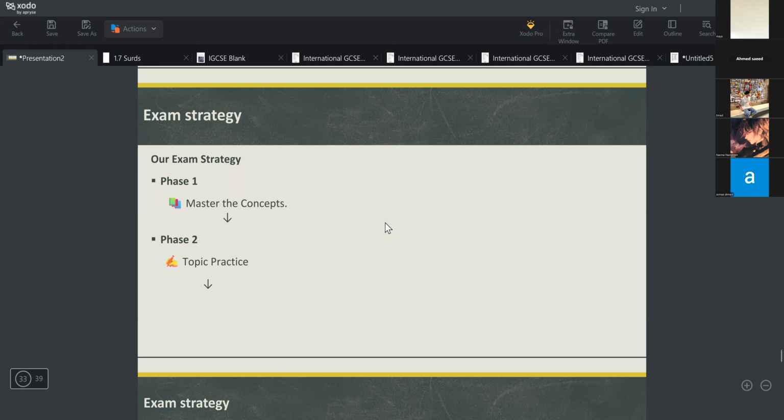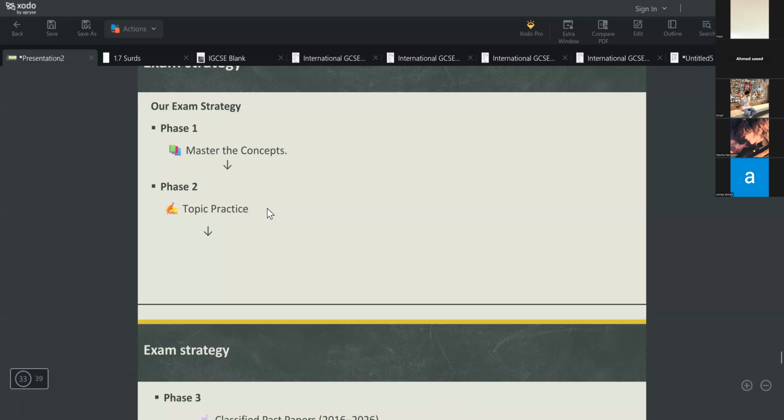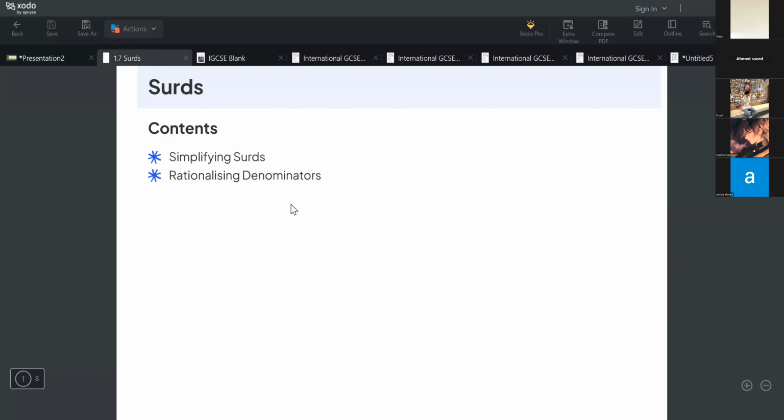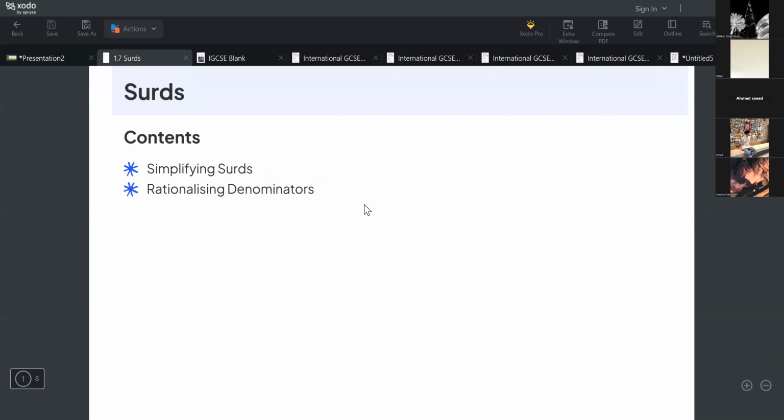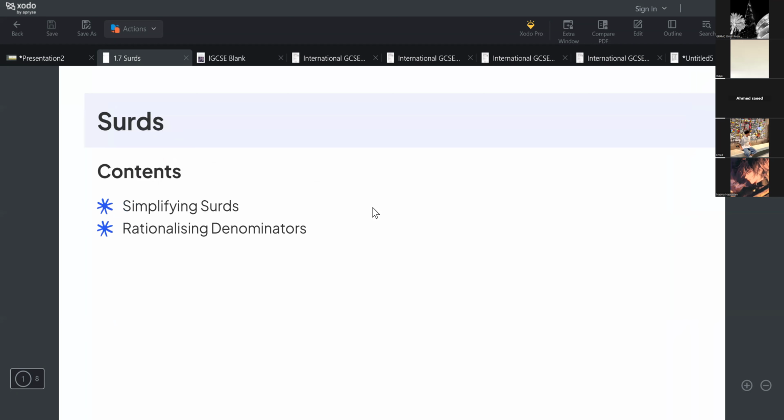Okay, now we will explain our first lesson. This lesson is in the number unit. It is the first lesson in number for unit one of each module.